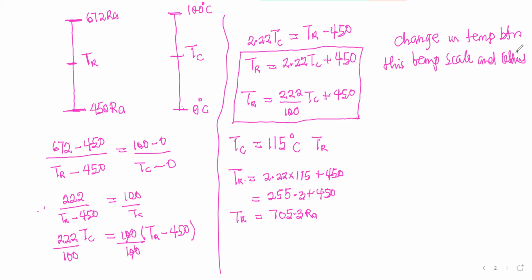We saw that for Celsius and Kelvin, the change in temperature is 1:1, meaning a 10 degree Celsius change in temperature on the Celsius scale is equal to a 10 Kelvin change in temperature.